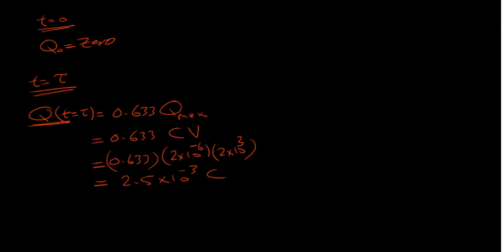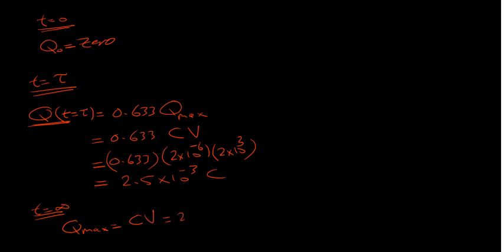Now to calculate at t equal infinity, which is waiting for a really long time to charge the capacitor, we know from the definition that at that time the capacitor will be fully charged. So Q max will be C times the voltage, and you can see it from the top here.